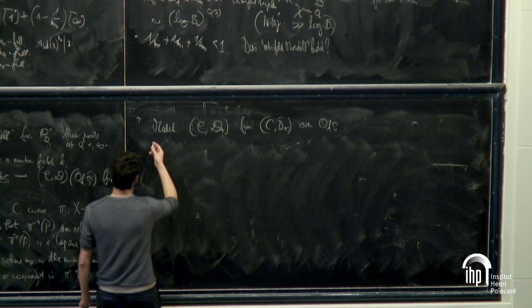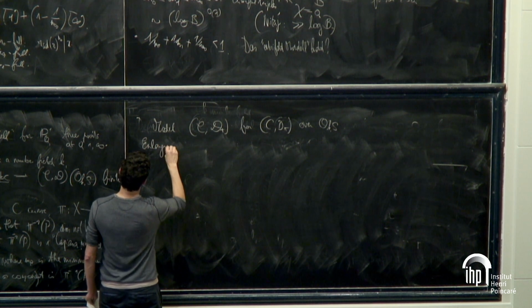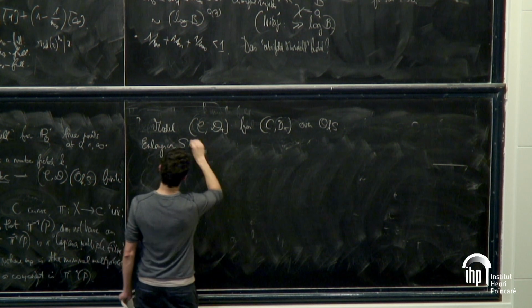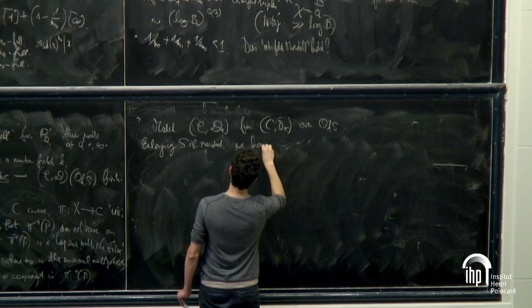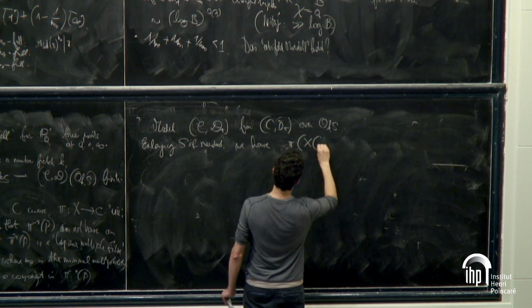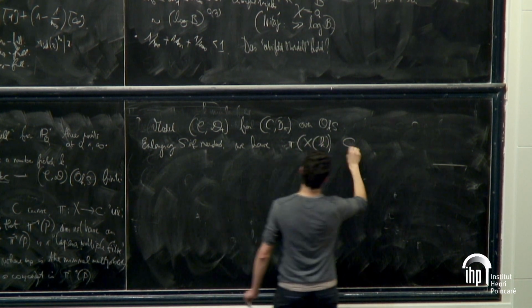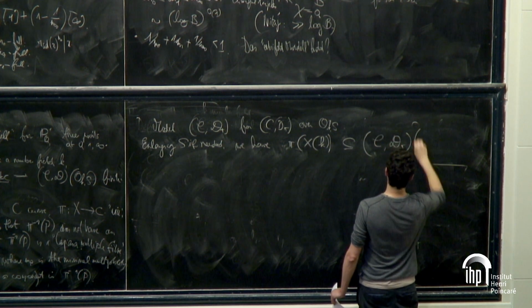Then, enlarging S if needed, we have the following: the rational points on X map down to Campana points on the base.